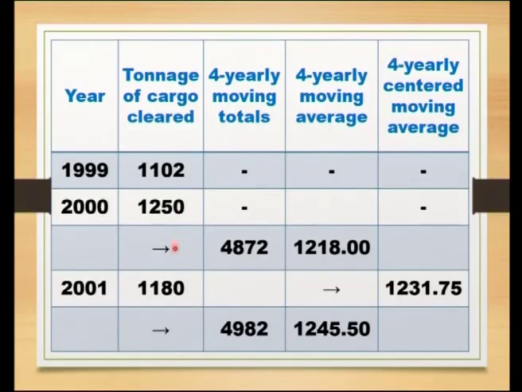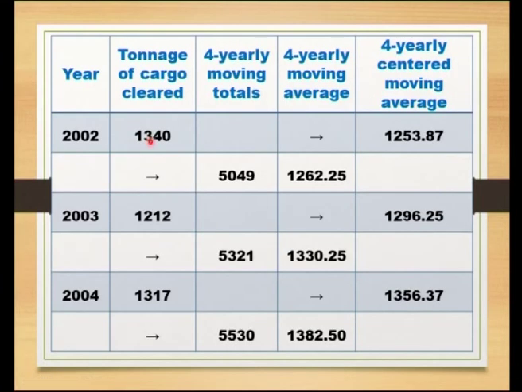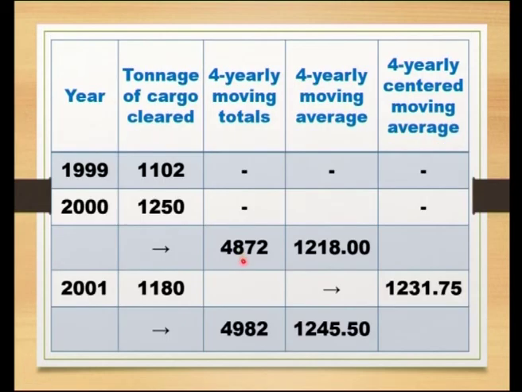So, the total of the first 4 values is written in between 2000 and 2001. That is 1102, 1250, 1180, then 1340. All the 4 values are added and their total is written here as 4872.